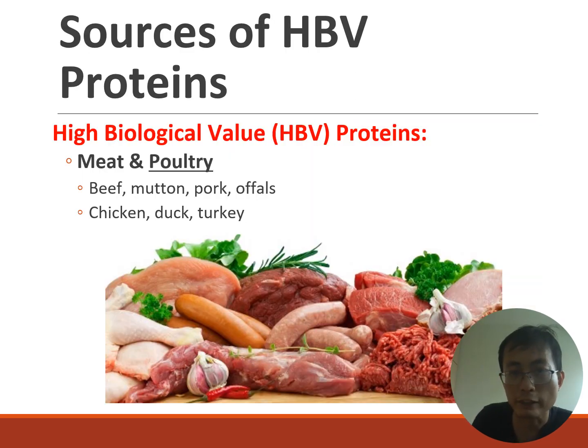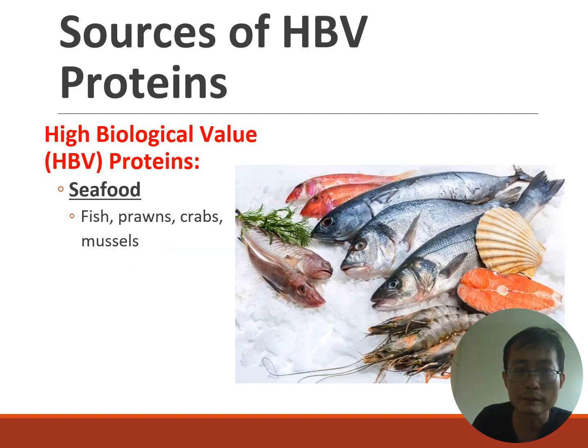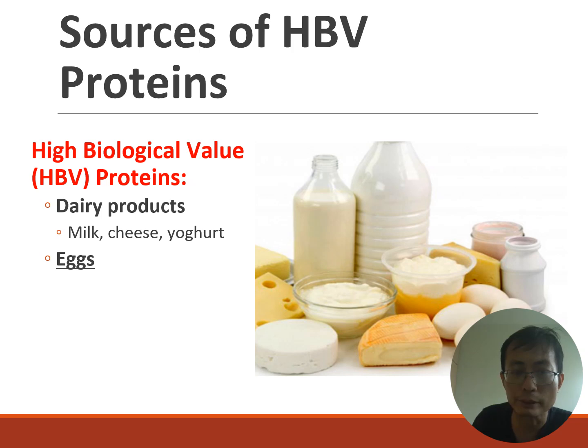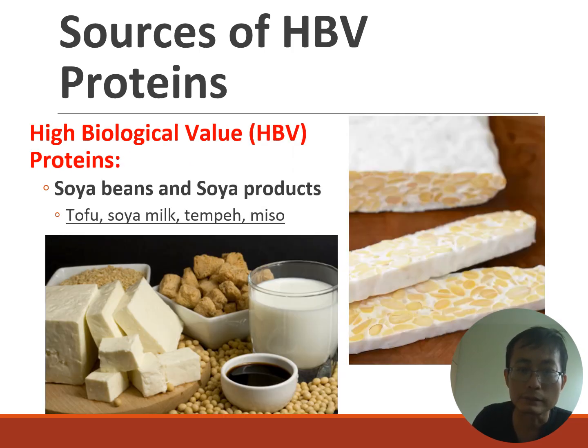Now, the high biological value proteins can be found in the following food sources, such as your meat and poultry, seafood, dairy products, and eggs. It can also be found in plant sources, such as your soybean and soya products.